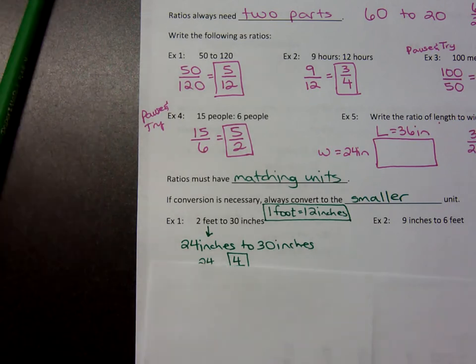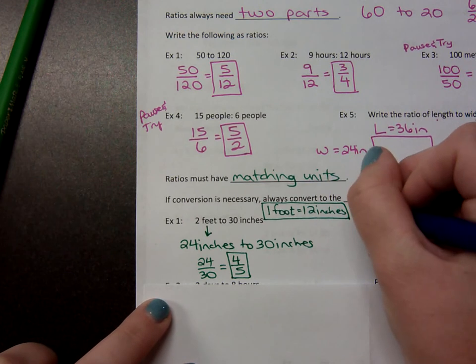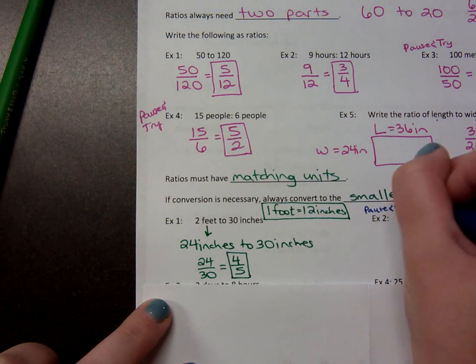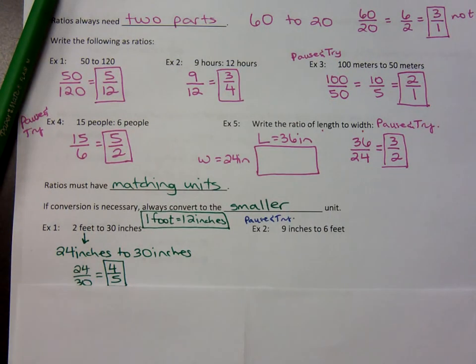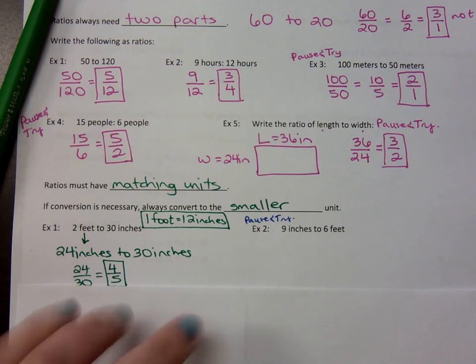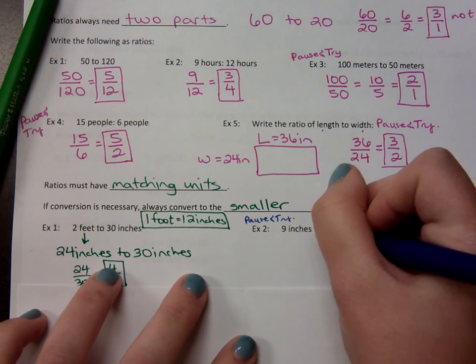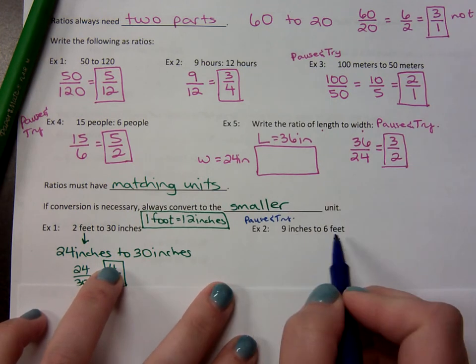Go ahead and pause the video and try example 2. Again, it's inches and feet. So pause and try example 2. So 9 inches to 6 feet. Again, we want to get to the smaller unit. We're going to leave those inches. We need to change feet to inches.